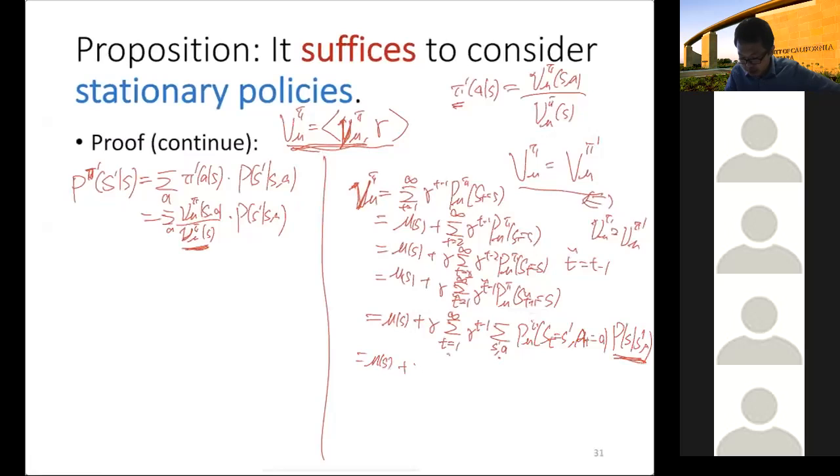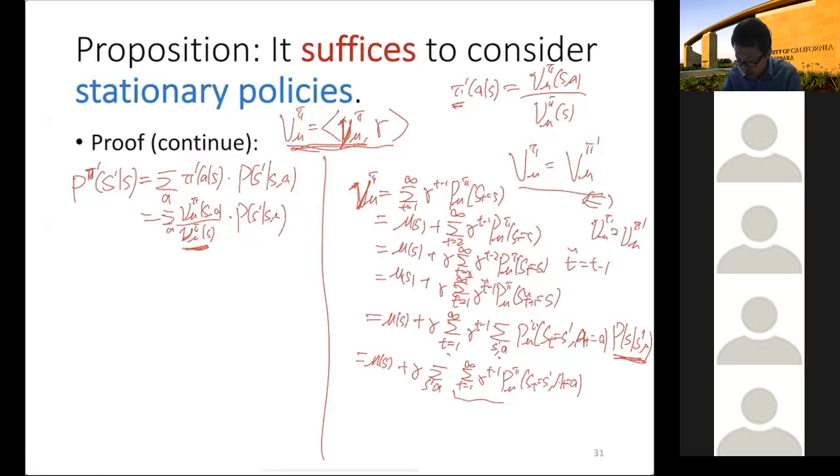I get that plus the summation over s prime and a, and then I get the sum from t to infinity, gamma t minus 1 and p mu pi, s_t equals s prime, a_t equals a.